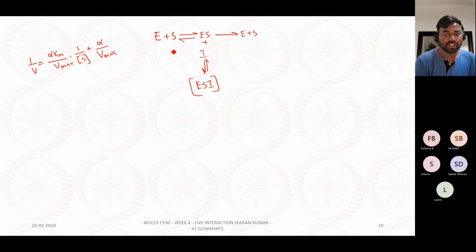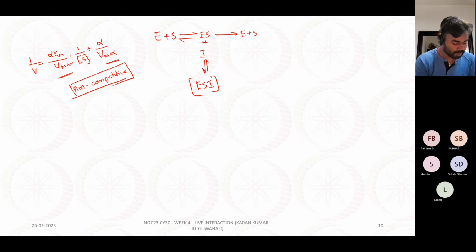You see your inhibitor is affecting both your slope and your y-intercept. This is the case of pure non-competitive.